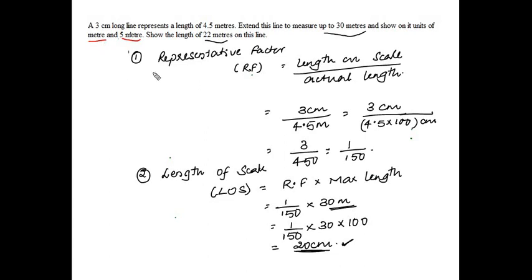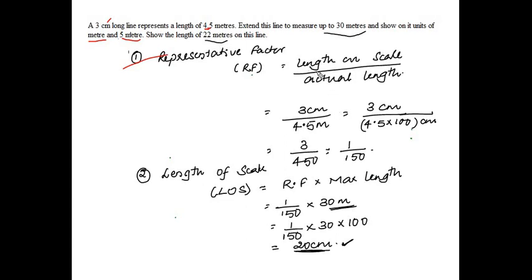In any given problem, the first thing is to find the representative factor. RF equal to length on the scale by actual length. A 3 centimeter long line represents a length of 4.5 meters. That means the actual length is 4.5 meters and it is represented by a 3 centimeter long line.